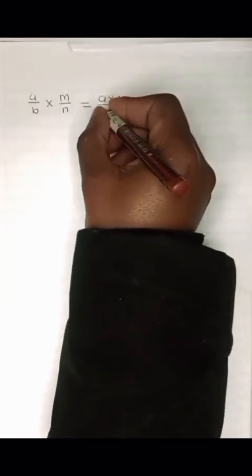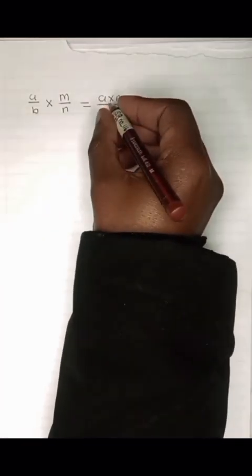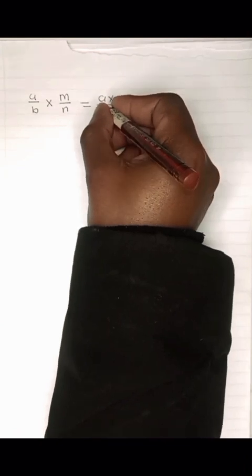Let's start with multiplication. For multiplication, say for instance you have a over b multiplied by m over n. When you have an equation like this, what you do is simply multiply the numerators and then you divide them by the product of denominators.